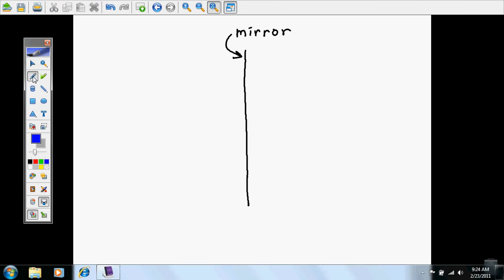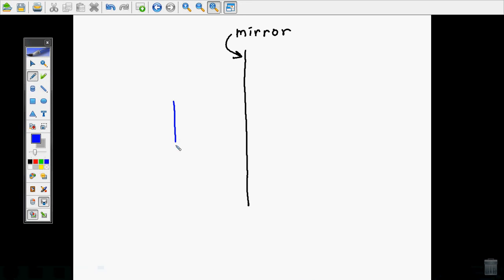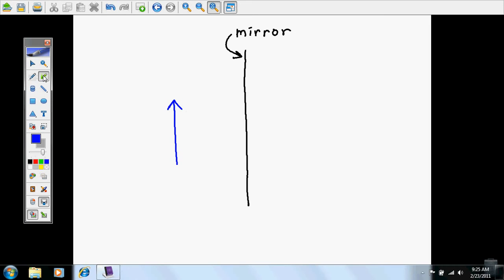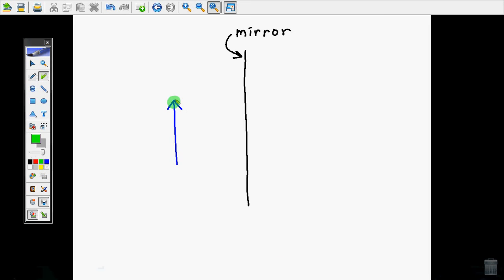and the arrow is like the little person striking a pose. And this is like the head of the object, and this is like the feet of the object.